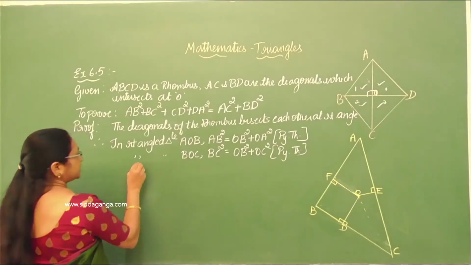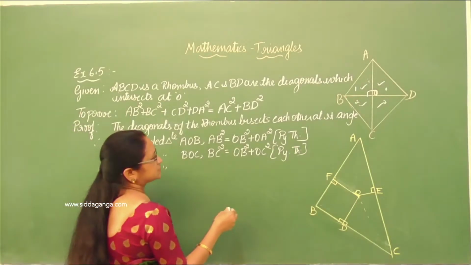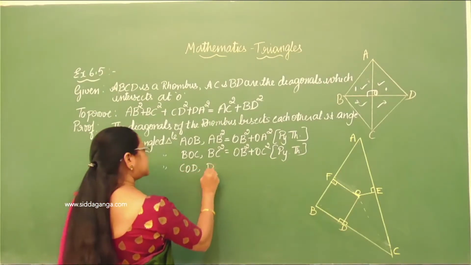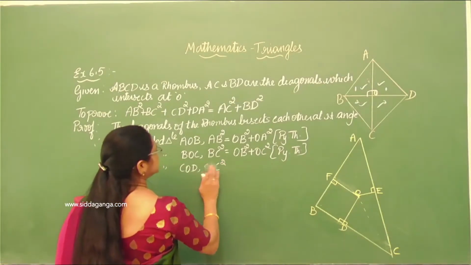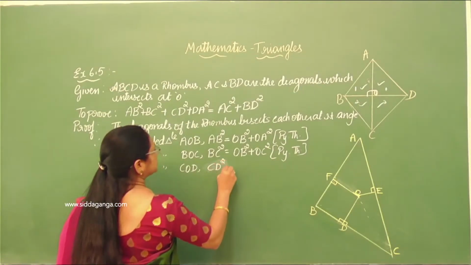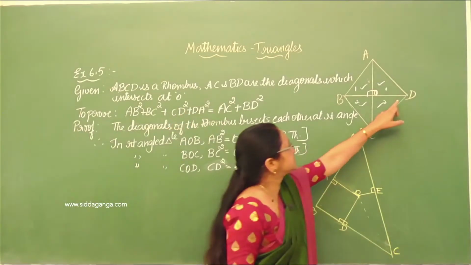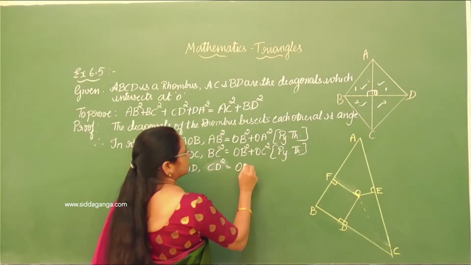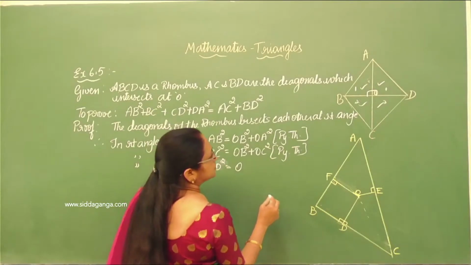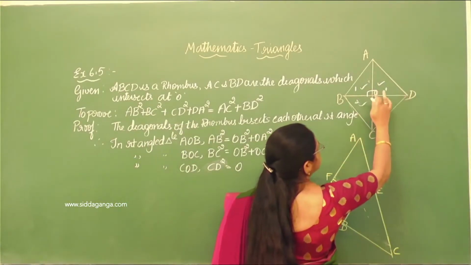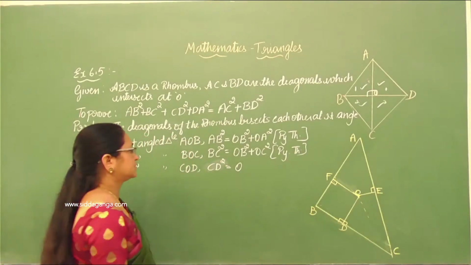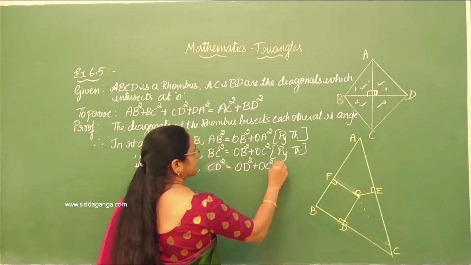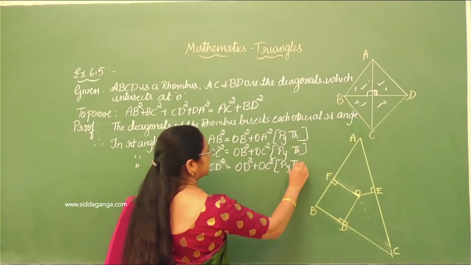Next, in right angle triangle COD, CD square is equal to OD square plus OC square, again Pythagoras theorem.